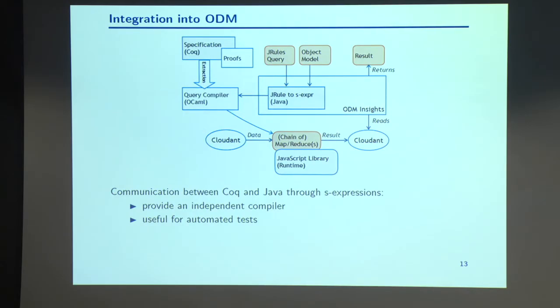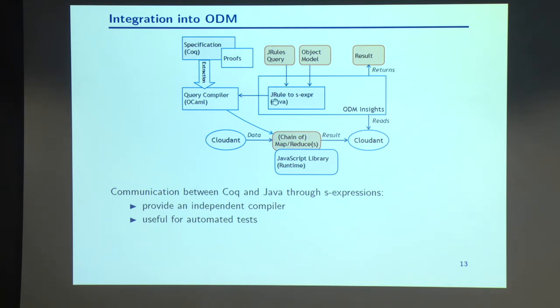So then what we did is to say, okay, from the Coq code, we can automatically generate some OCaml code by the extraction mechanism. So then from the product, instead of generating a Coq data structure, here we just represent the AST as an S-expression that we can put into a file.